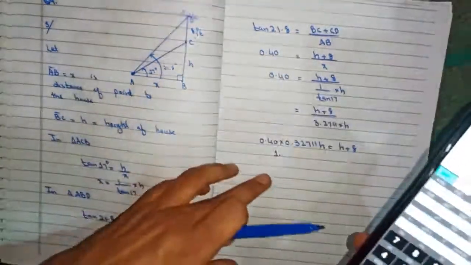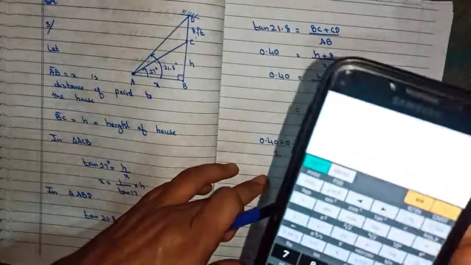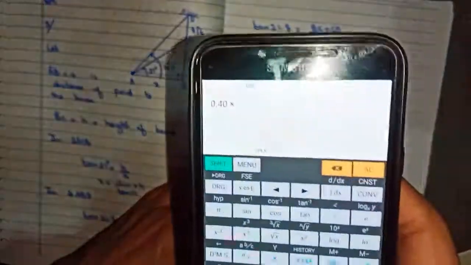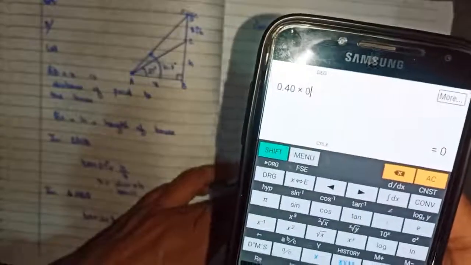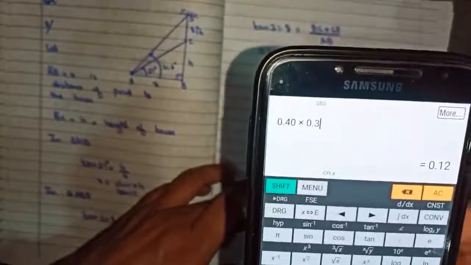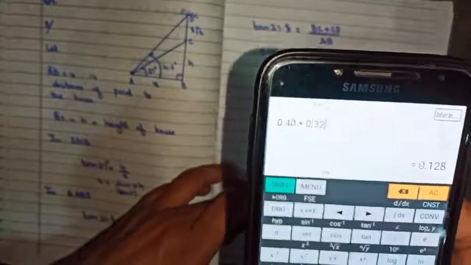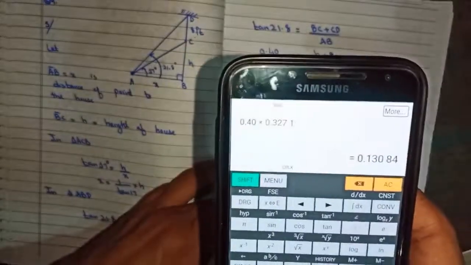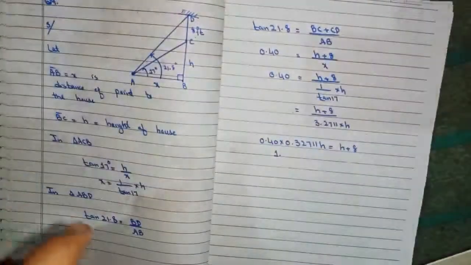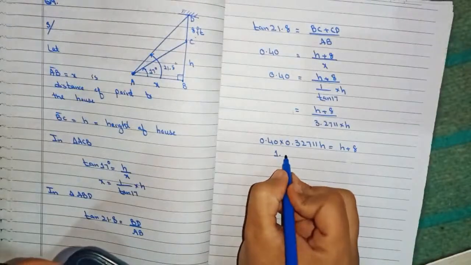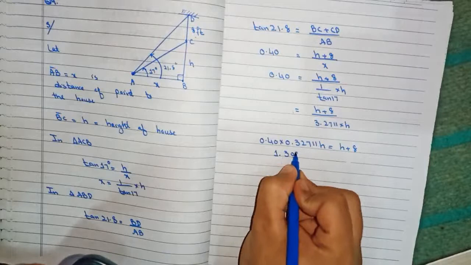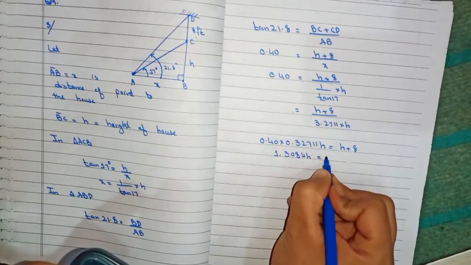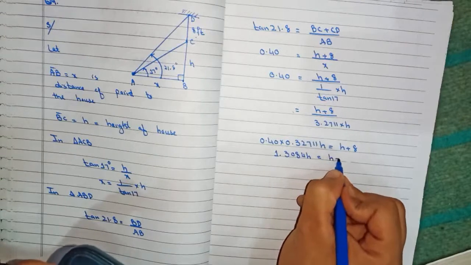Yes, 0.40 multiplied by 3.2711 is 1.3084. So 1.3084h equals h plus 8.